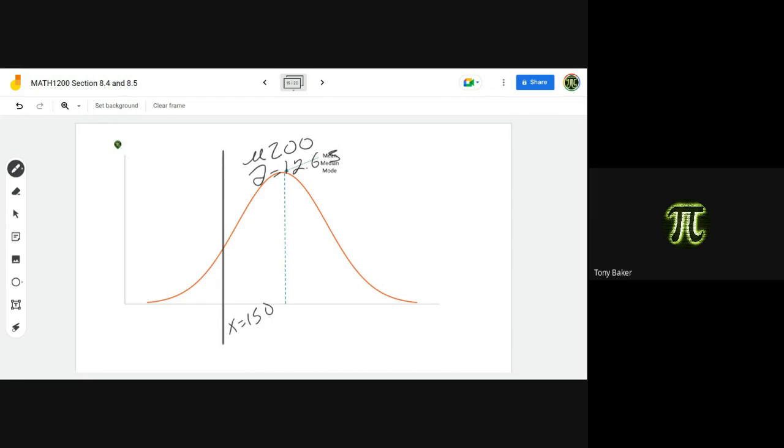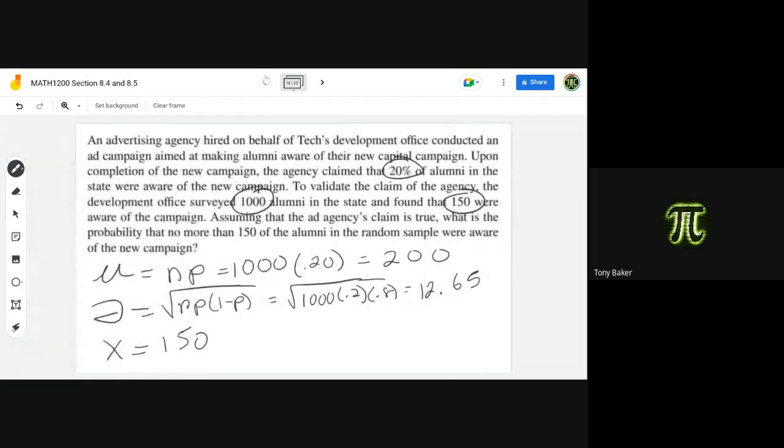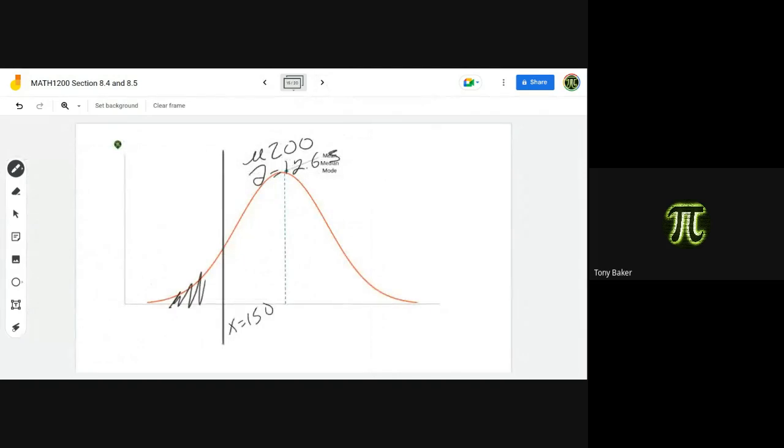And I'm looking for less than that, right? It said no more than 150 if I remember. So I want this piece over here. So that's my z-score.